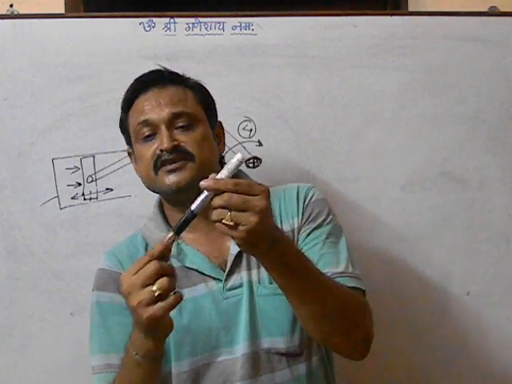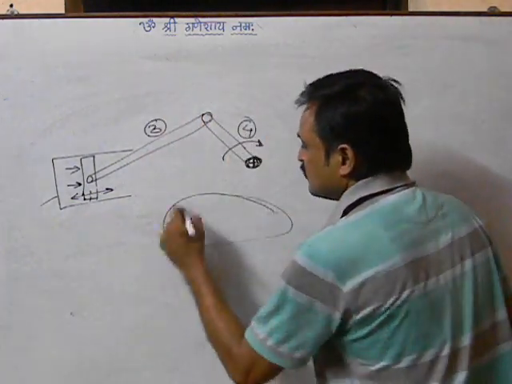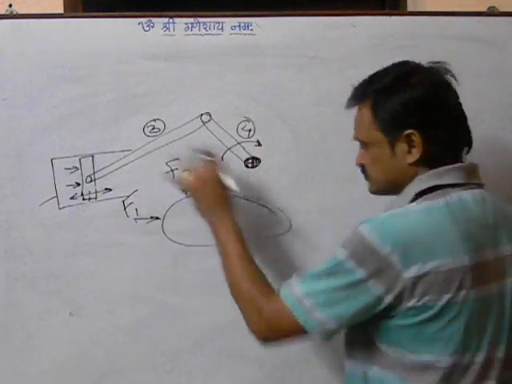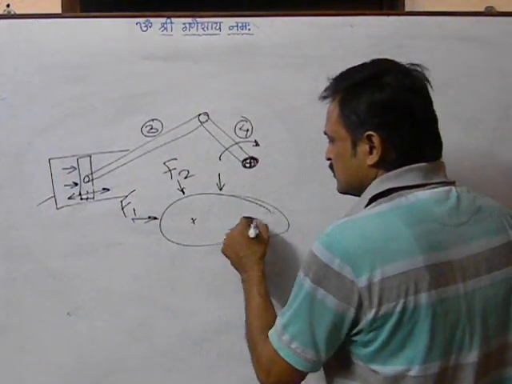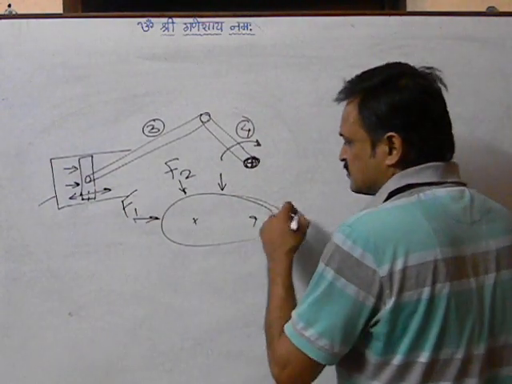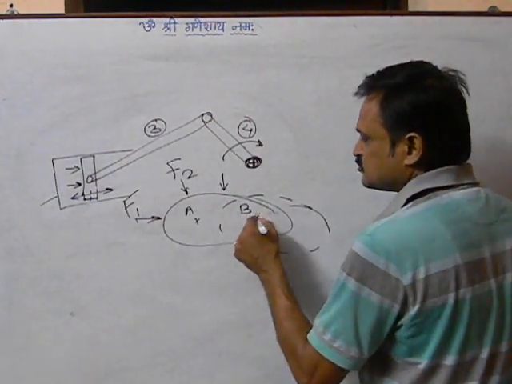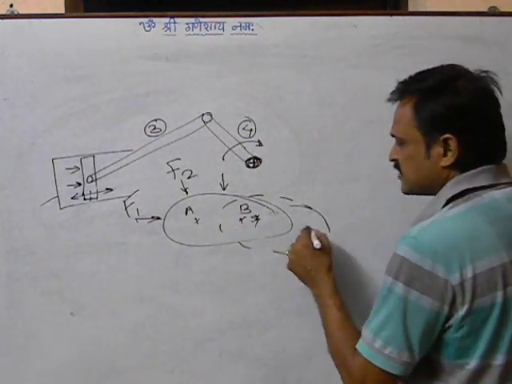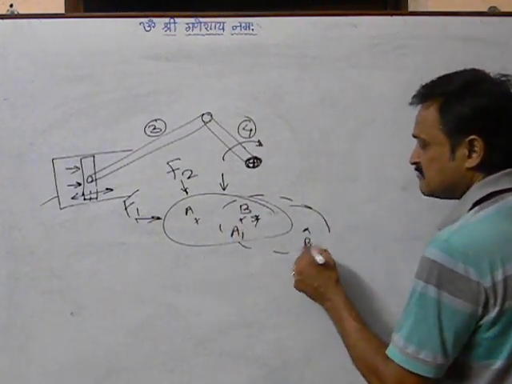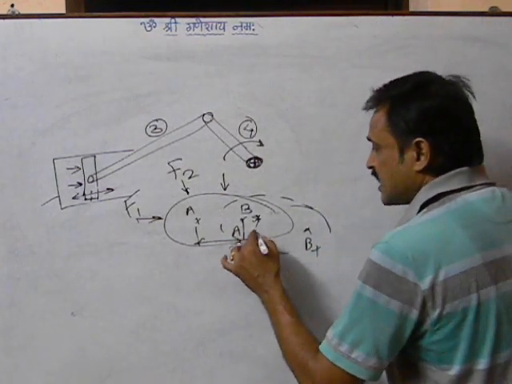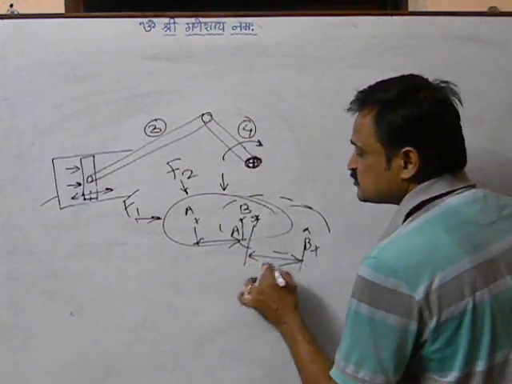So what is a rigid body? If there is application of an external force, the body takes a position 2. If I call these 2 points on the body A and B, after application of force they are A1 and B1. But the distance between A B and A1 B1 is not going to change.